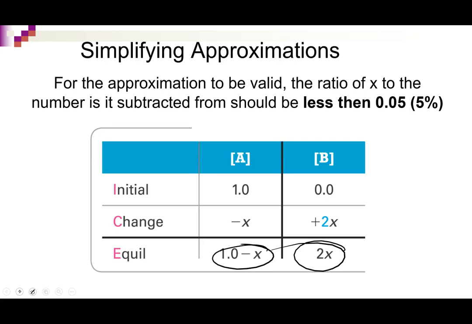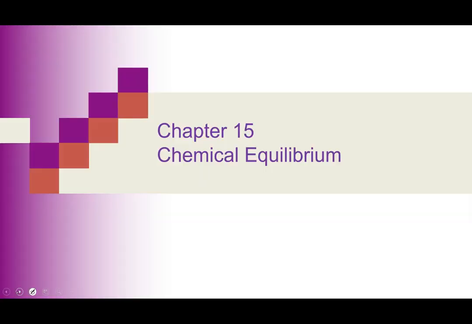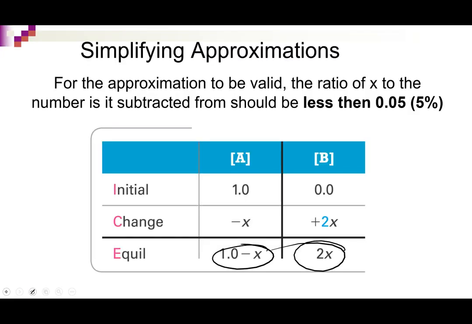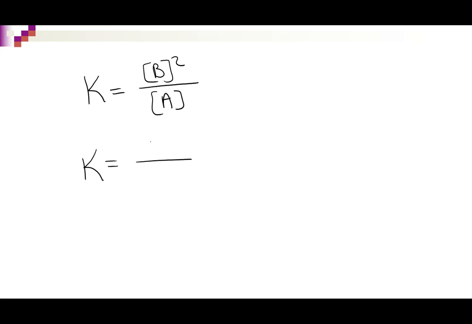On the top, we're going to have 2x squared, and on the bottom, we're going to have 1 minus x. And then we would have a value for k. Let me just make something up. Let's say this is 0.06. I don't know, just making that up.